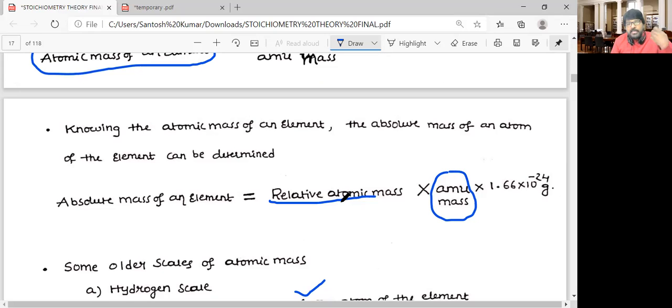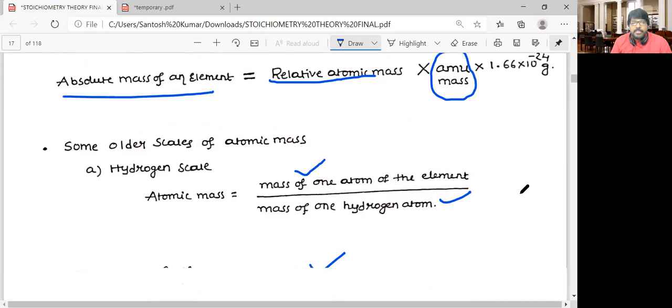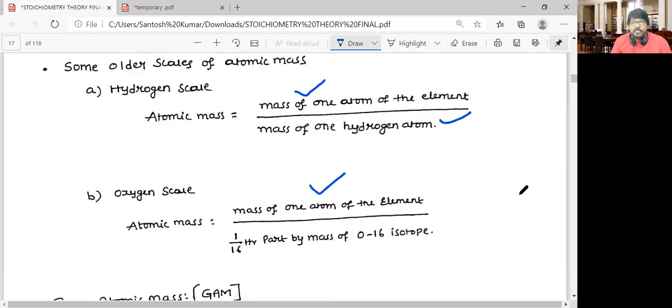Similarly, by using various experiments, we have to find the relative atomic mass. After knowing it, if it is multiplied by 1.66 into 10 power minus 24, you will get the absolute mass of that atom, in grams. Right? So these are some older scales.